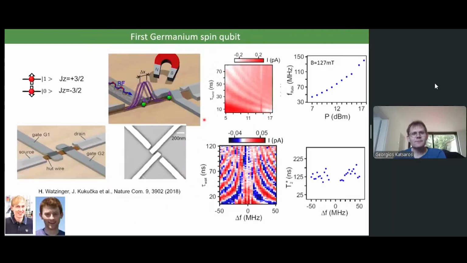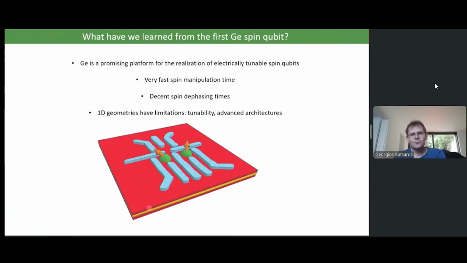And also, if you want to have a charge sensor in such a device, that is as well technologically not trivial. While on the other hand, if you move to two-dimensional systems, with a cartoon being shown here, it is very straightforward to position a charge sensor, and this is what we then did.